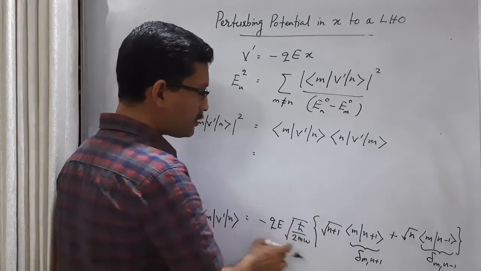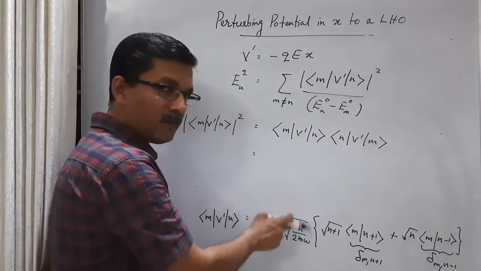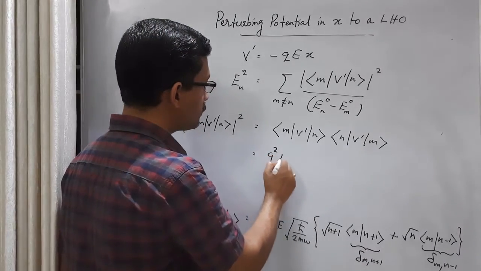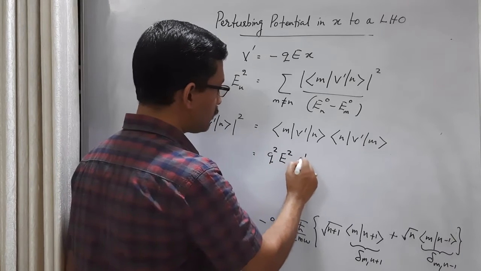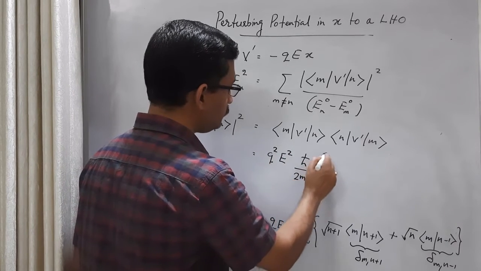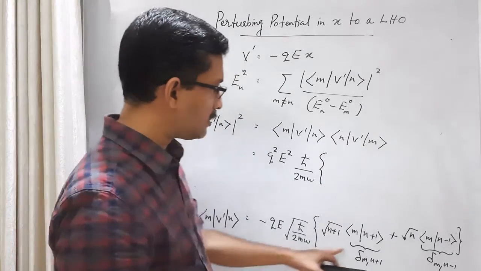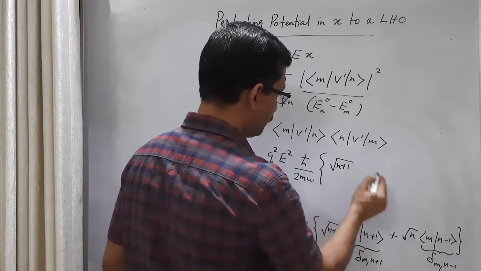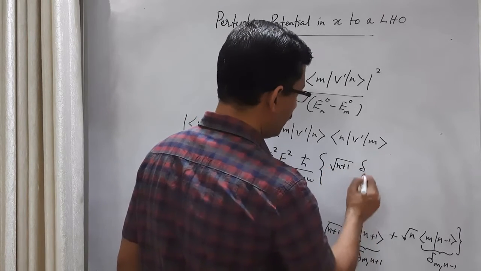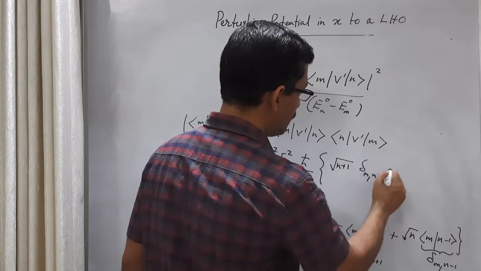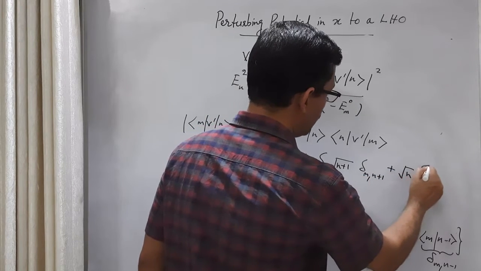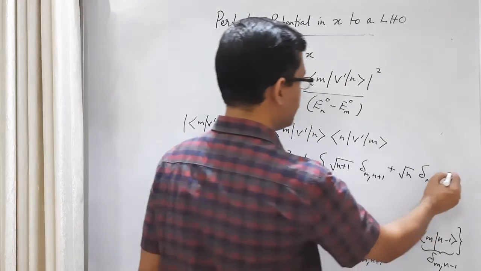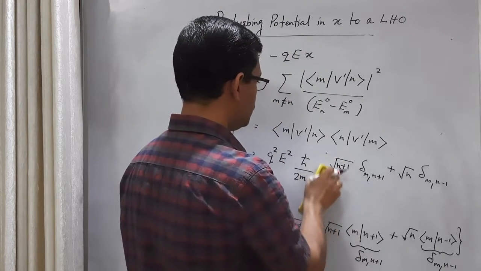This coefficient will be the same, so this minus, and there will be another minus from a similar coefficient. So plus, then we have q square E square, square of this one, so h cross by 2m omega, right? Then this term will be there from m V prime n. I will write down this term again, root of n plus 1 delta m comma n plus 1, root n delta m comma n minus 1. Instead of inner product, let me write Kronecker delta. So this is one term.